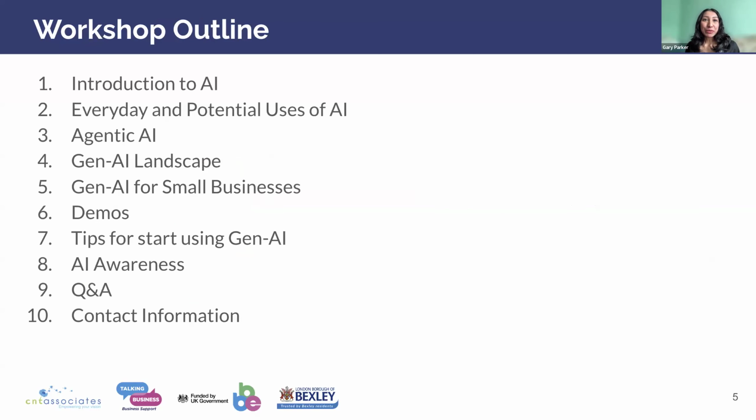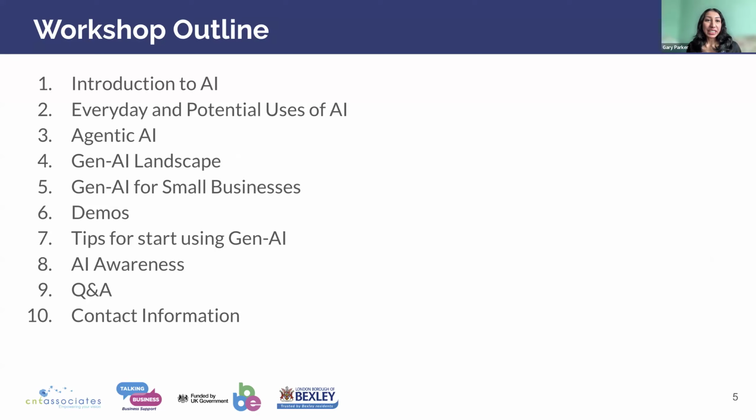So today's workshop will be covering the following. We'll do an introduction to AI, everyday and potential uses of AI, agentic AI, Gen AI, which is generative AI landscape, Gen AI for small businesses.